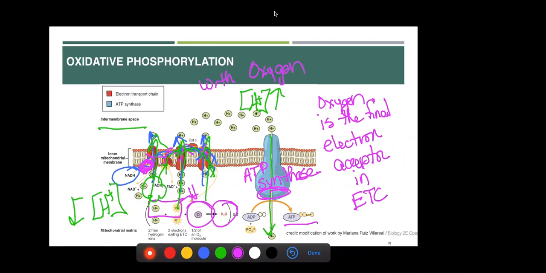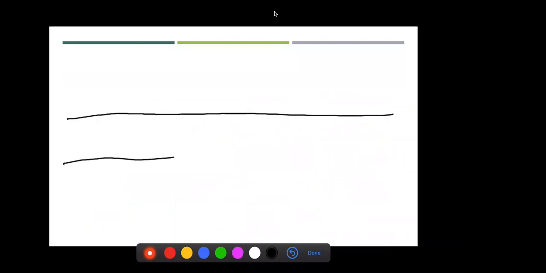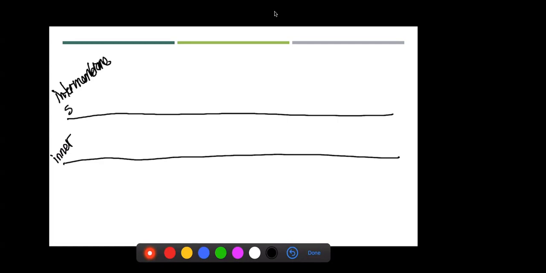All right, so let me go ahead and draw this out for you. So here is our inner membrane. This is the intermembrane space. We could say this would be the outer membrane.